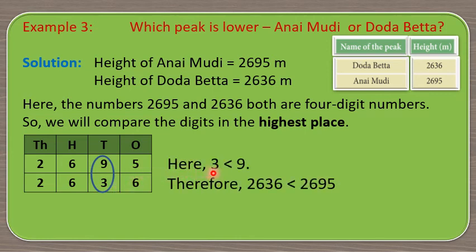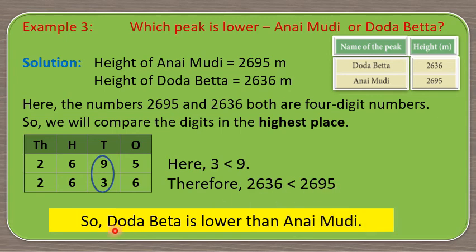So here 3 is less than 9. Therefore, the number 2636 is less than 2695. So our final conclusion is Doddabetta is lower than Anaimudi.